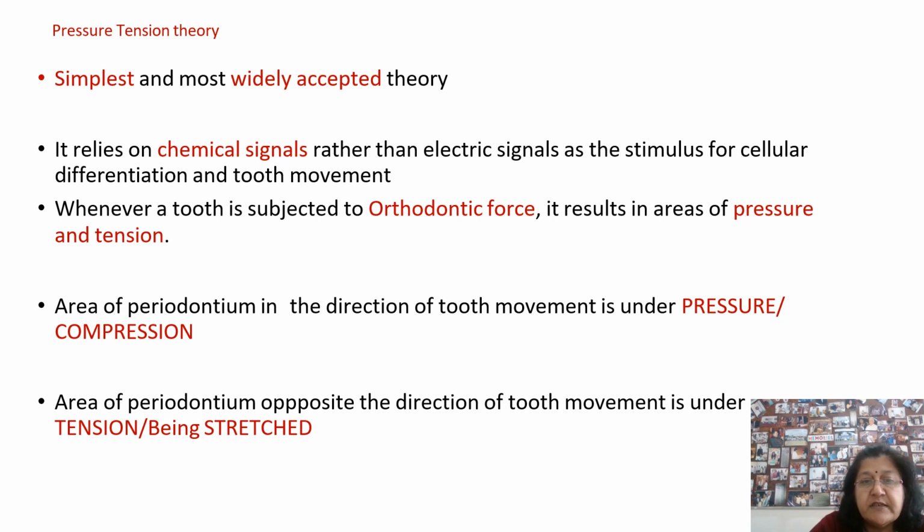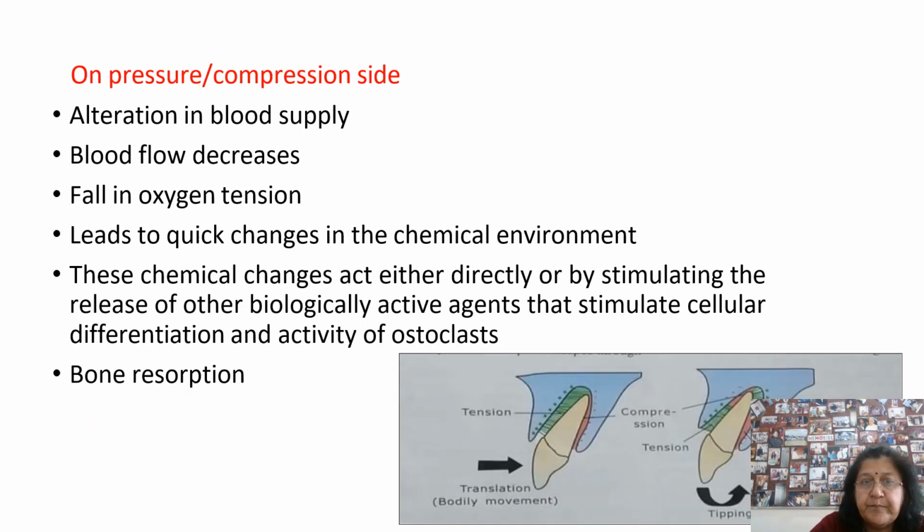So whenever a tooth is subjected to orthodontic force, it results in areas of pressure and tension. The area of the periodontium in the direction of tooth movement is under pressure or compression, and the area of periodontium opposite to the direction of tooth movement is under tension and the PDL is stretched.